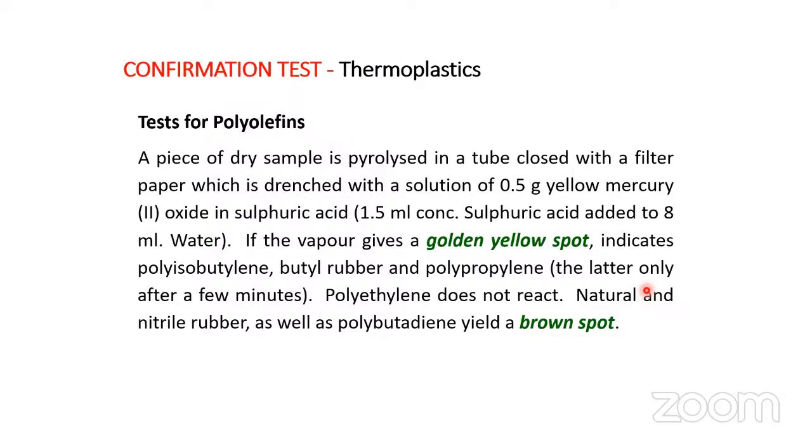Then some confirmation tests are there. As we mentioned earlier, burning tests are there, correct? In that burning test, we mentioned the color of flame and some other observations in those tables, correct? Here, for some specific polymeric systems, we have given confirmation tests.